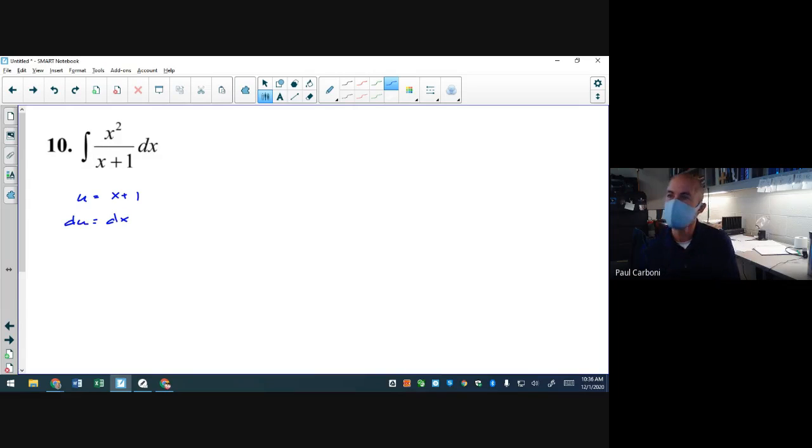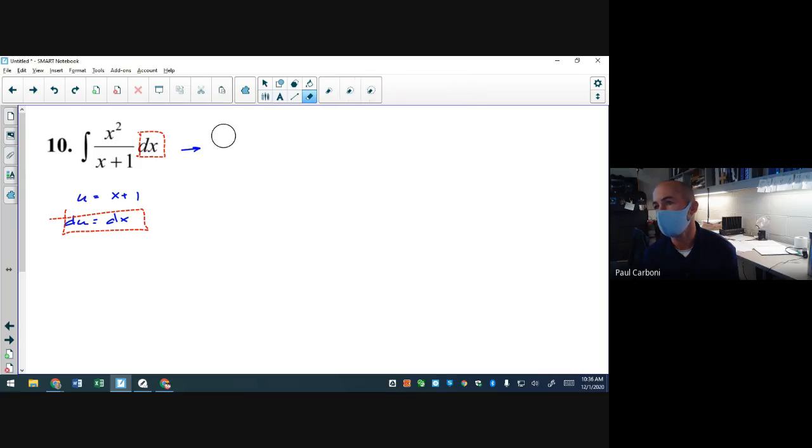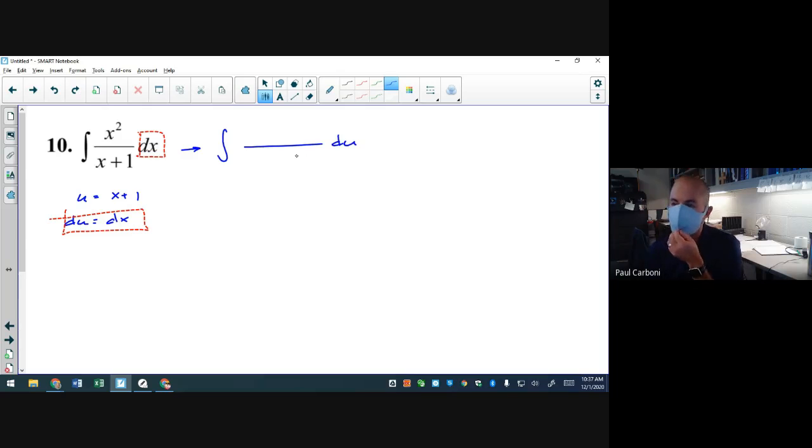But if you did U sub, I've always told you in U substitution, as long as you can account for the DU, then you have the green light to keep going. And I do see the DU in there, so I can try this. The DX is my DU. I have U in the denominator, but on top, I still have an X squared that's not accounted for, right?